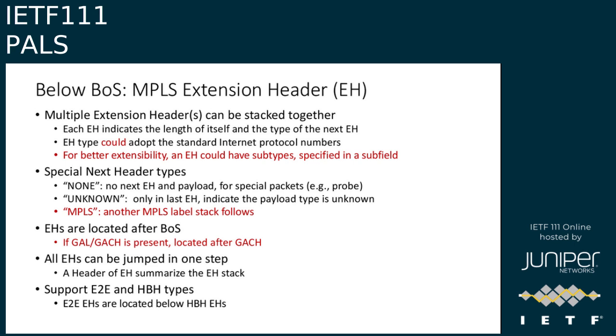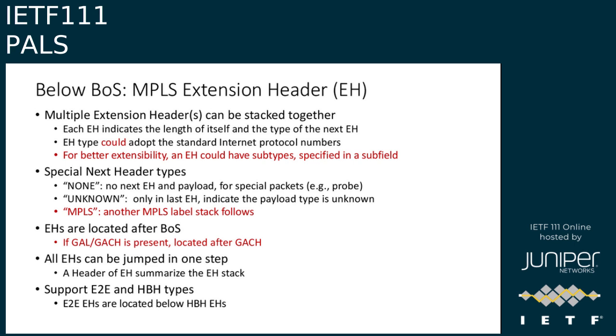And we suggest adopting the same standard Internet protocol numbers as the extension header type. But for better extensibility, an extension header could have subtypes, which can be specified in a subfield of the extension header. And we also need to support three special next header types. The first one is none, which means there's no next extension header and only the payload.